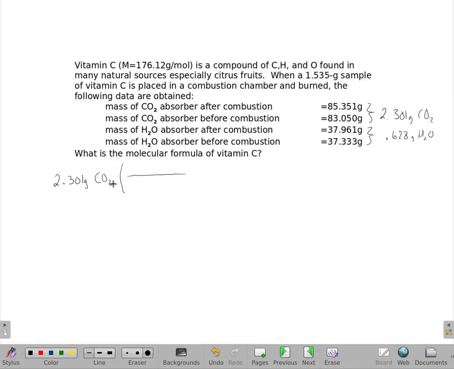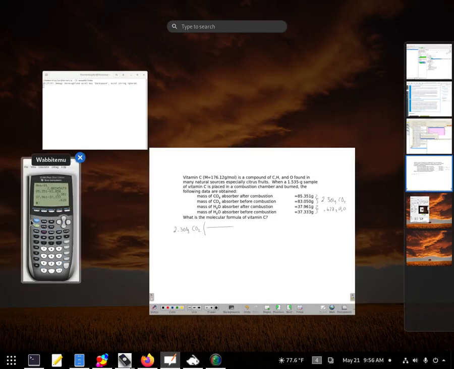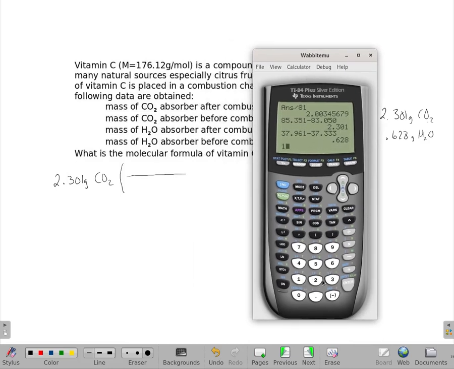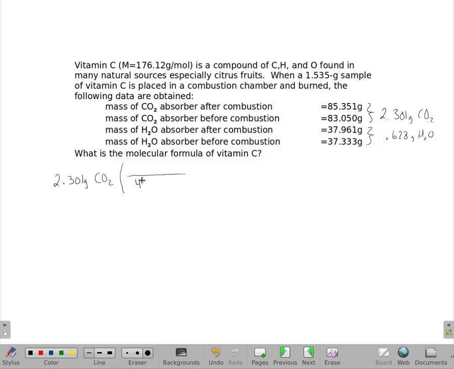CO2, carbons and oxygens, has a molecular weight of, we'll just do this right in the calculator, 12.01 plus 32, which is the 2 oxygens, 16 and 16. We get a molecular weight of 44.01. Well, I'm not going to do grams per mole. I know that's how much a CO2 weighs. I really just want the carbon in it. And in CO2, there is 1 carbon.